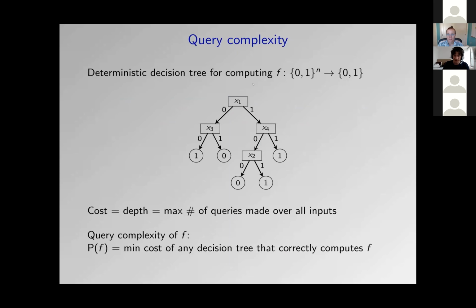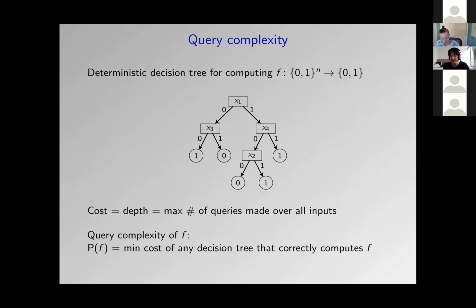That is like tracing a path in the tree from the root towards a leaf until you've queried enough of the bits that you can produce an output bit. And so for any Boolean function, you can ask, what is its query complexity? Meaning, what's the best decision tree computing the function? Here, best means the least height of a decision tree, the one that uses the fewest number of queries.